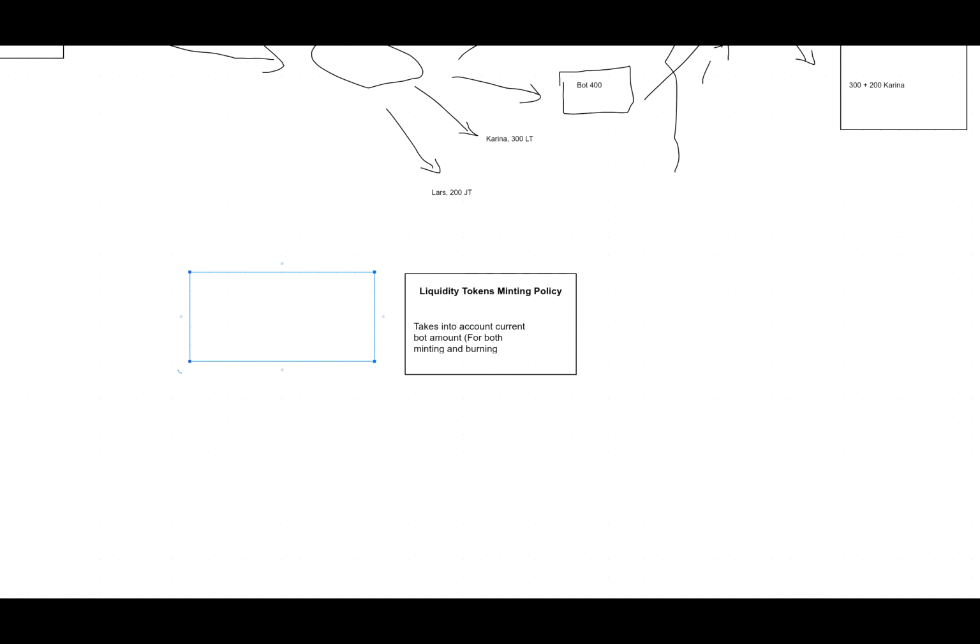Then we would have the payout contract. The bot places winnings there, and people can burn JSON tokens in order to take ADA out.